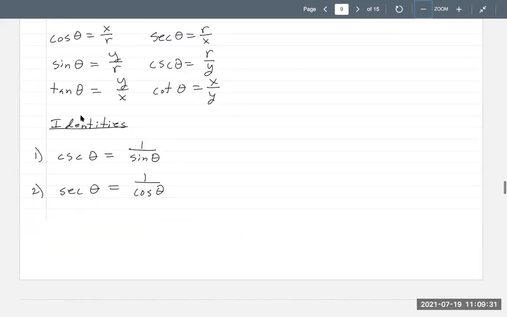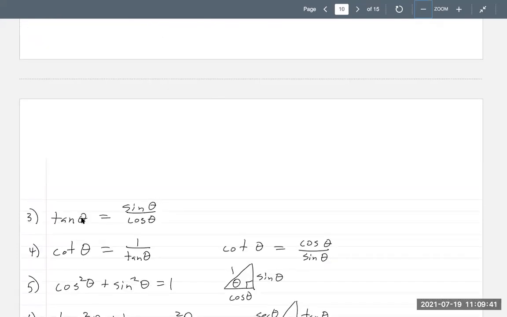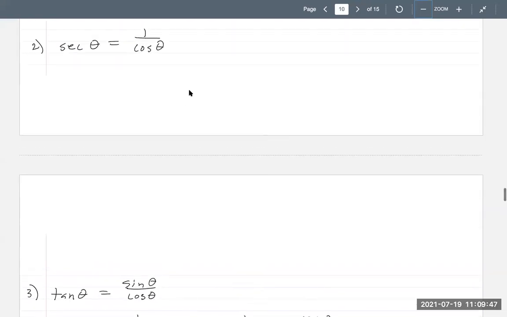We have the following identities. Cosecant of theta is 1 over sine theta. Secant theta is 1 over cosine theta. And tangent of theta is sine theta over cosine theta. So that means that we can rewrite the common 6 trigonometric functions in terms of just 2 other trigonometric functions, sine and cosine.